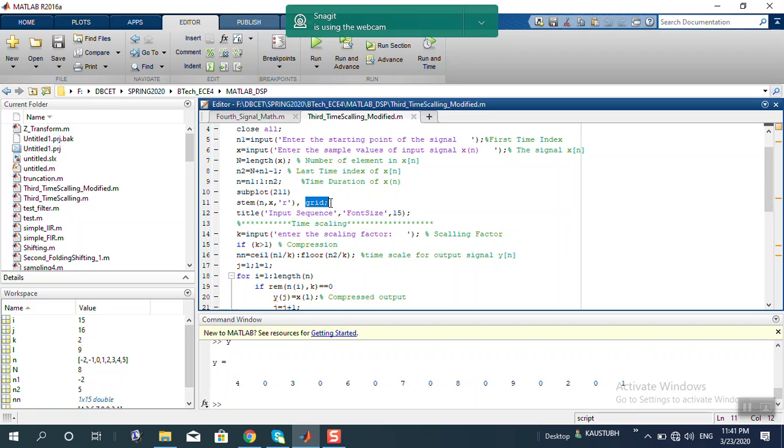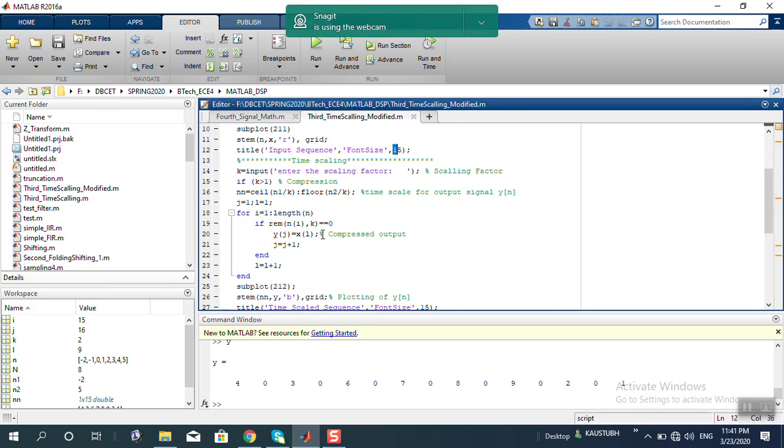And this grid is to have the grid lines in the plot. And title gives the title of the figure; the string within single quotes will print as a title. And the argument you can pass is the font size of this text. So I have given font size 15.